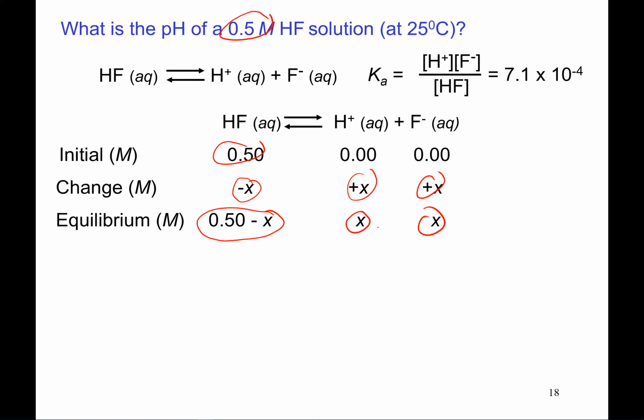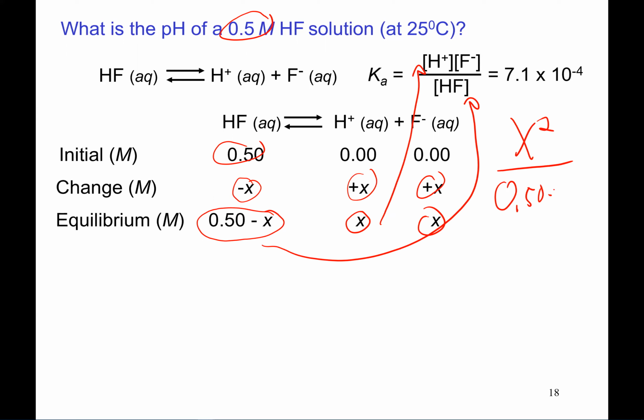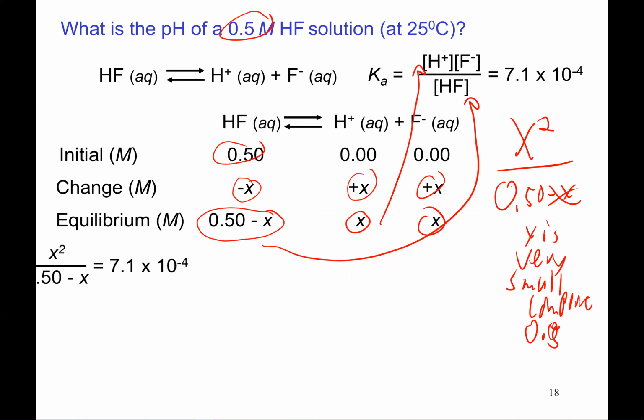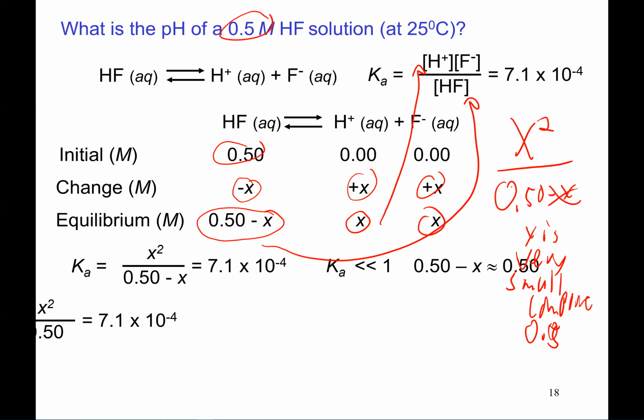So you plug these values in and you get X squared over 0.5 minus X. Because X is very small compared to 0.5, you can ignore it.